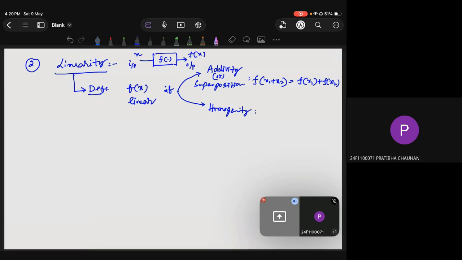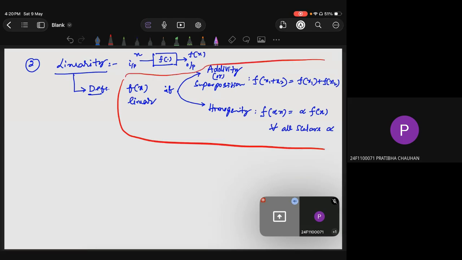Homogeneity is when you give the input multiplied by some scalar constant alpha. If the output is alpha multiplied by the output, for all scalars alpha, then we say that the system is linear. This is the definition.